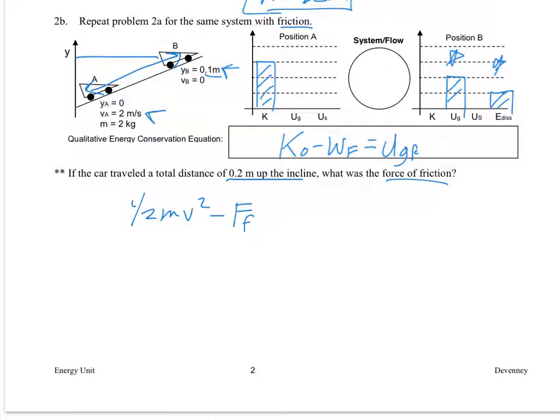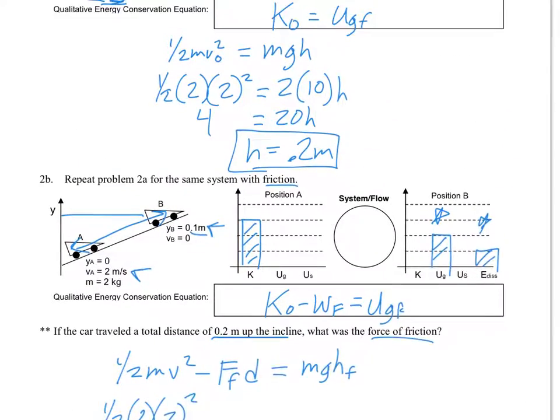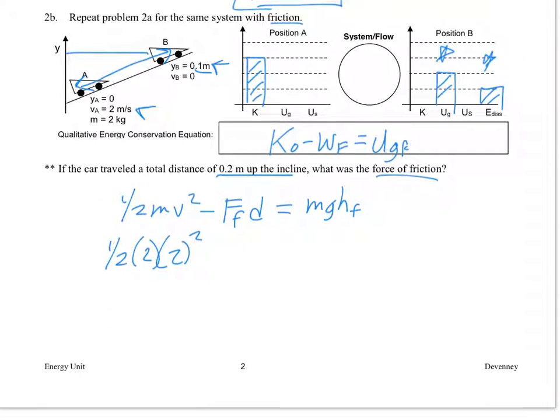So the frictional force times the distance that that force is applied is equal to the work that it does, and then the ending result is this gravitational potential energy. So the 1/2 mv squared, that's just like before, 1/2 times 2 times 2 squared, and that got us the same initial energy of 4 joules.